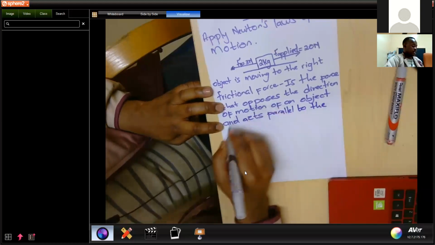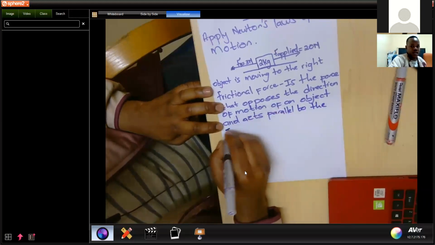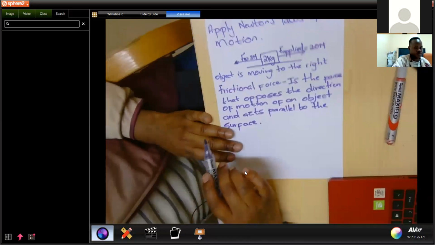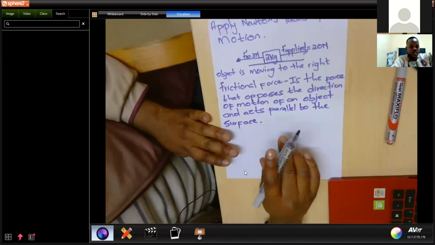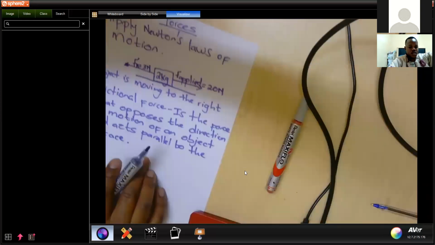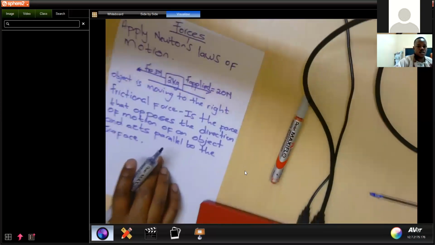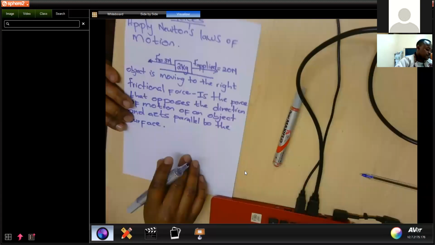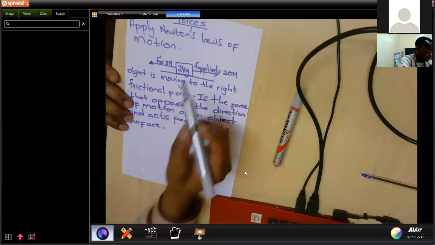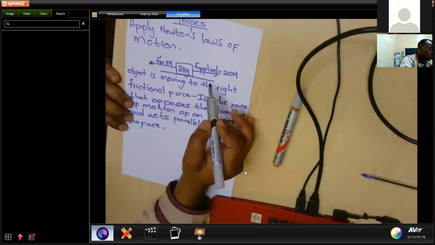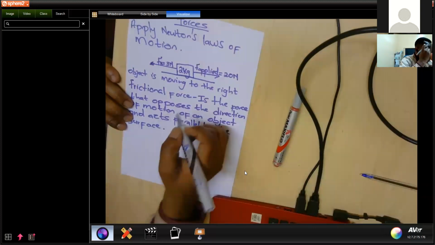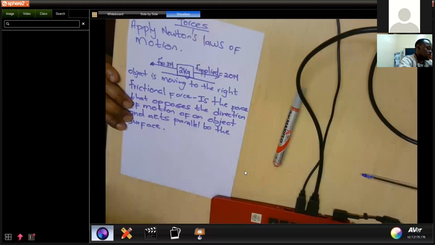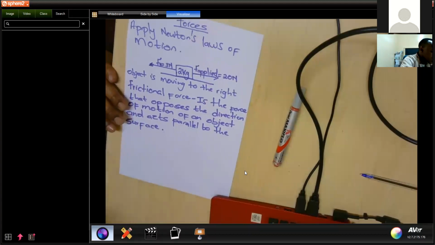Now, my dear learners, this is what is happening here. If you have an object, and your object is experiencing a kinetic frictional force of 3 newtons and there's an applied force of 20 newtons, what you need to realize now is that this object is going to have what we call a net force.